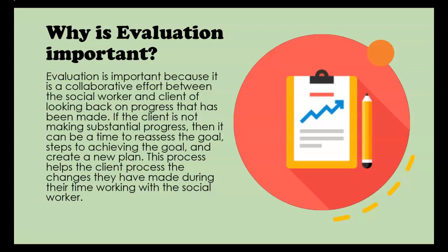If you find that there are certain areas that can't be met because of changes in the client system, or changes in you as a worker or the agency, then it's okay to revise those goals to be more successful. And again, there are plenty of methods to do that, and our textbook talks about the generalist intervention model as one way. This process helps the client understand the changes they have made during their time working with the social worker.